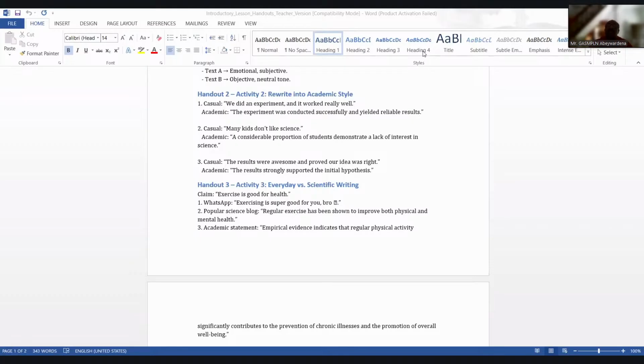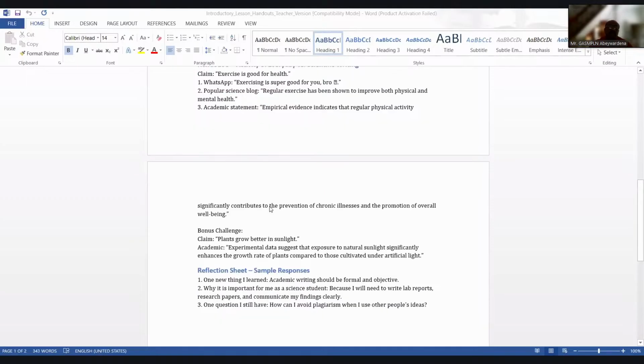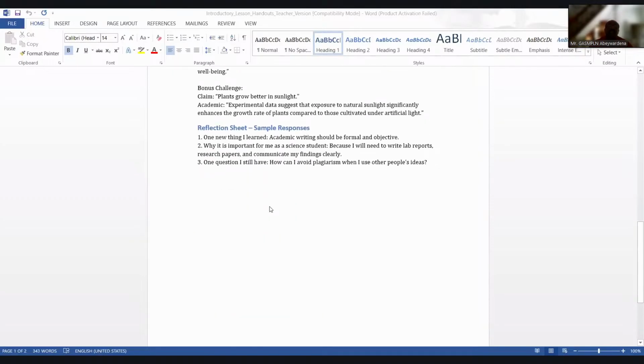Right, shall we continue? Right, there is another bonus. Let's see. Now shall we try this? Plants grow better in sunlight.